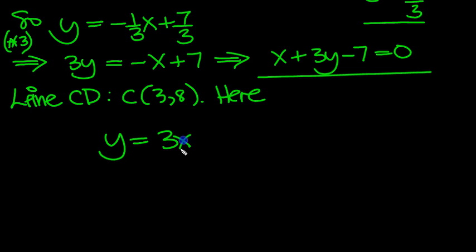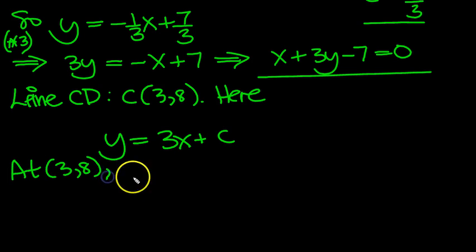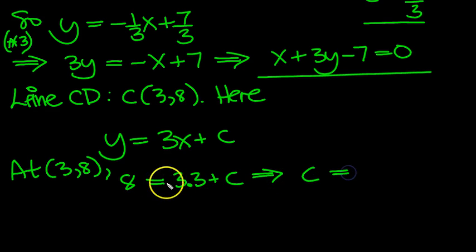So y equals 3x plus c at 3, 8. Put 8 in, and then that's the y value. The x value is 3, so put 3 in, plus c. That's 9, so c will equal then, reading from right to left, the 8 can stay where it is, the 9 comes over to be with it, so it's minus 9.